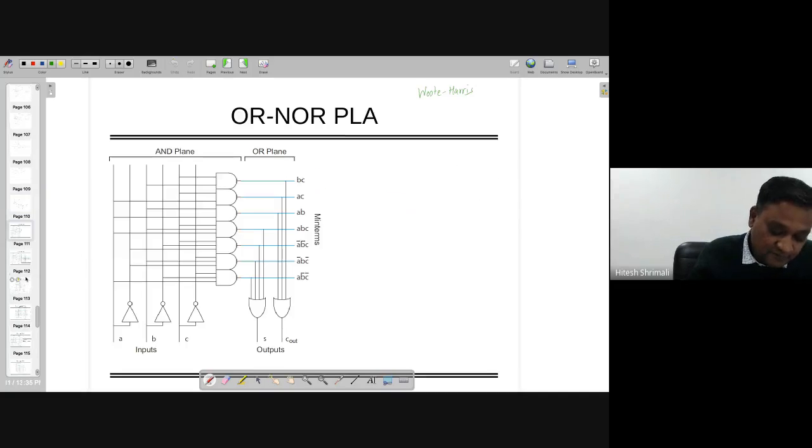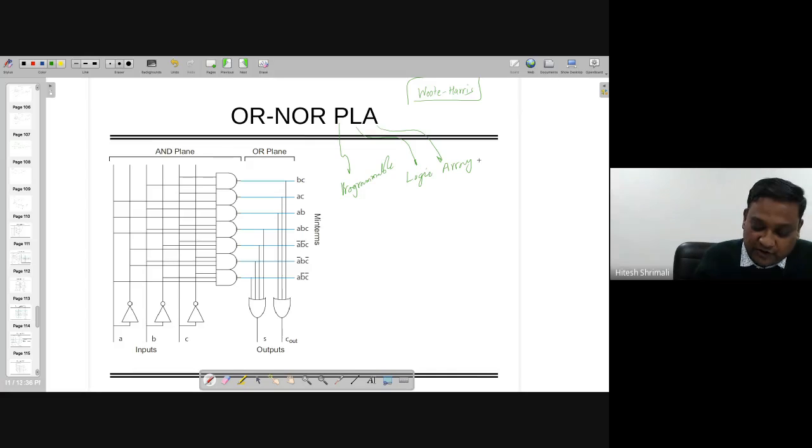So, as I told you, in Weste-Harris there is another technique which is known as programmable logic array, PLA. Notably, the same thing evolved into the FPGA, which is the field programmable gate array. Right now it's a logic array.